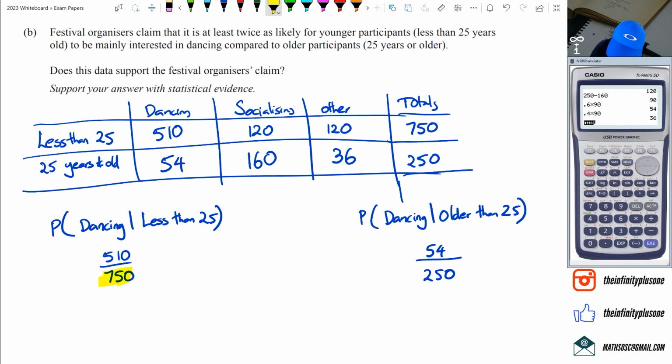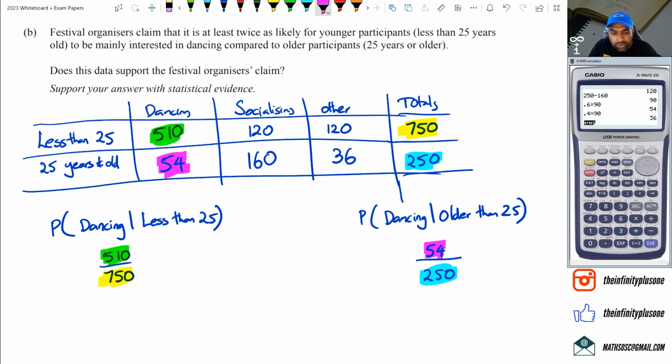Hopefully you can see what I got there. 750 is from here, and out of that 750 we had 510 that were interested in dancing. 250 is the number of folks that were older than 25, and from that 250, 54 were dancing and over 25 years old.